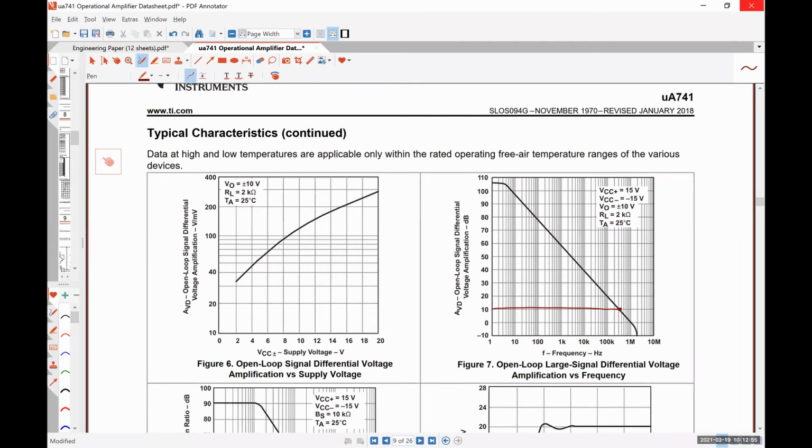Our bandwidth increases as our gain goes down. That's because in a real op amp, the gain bandwidth product is a constant value, okay? So our bandwidth is defined as the total range of frequencies until our signal drops to 3 dB below what we want our maximum output to be.